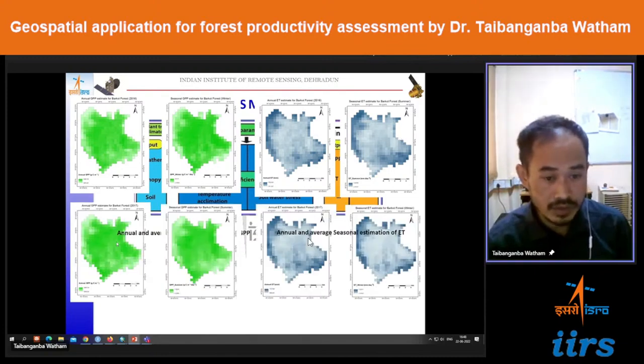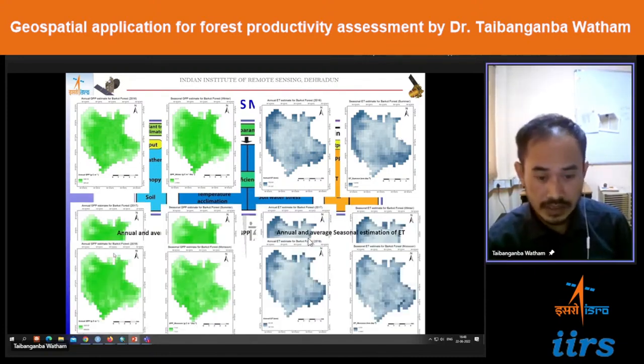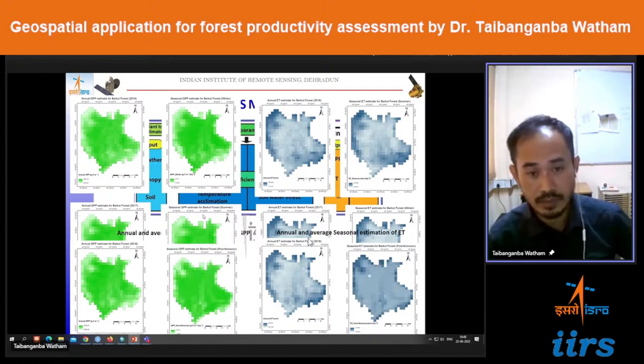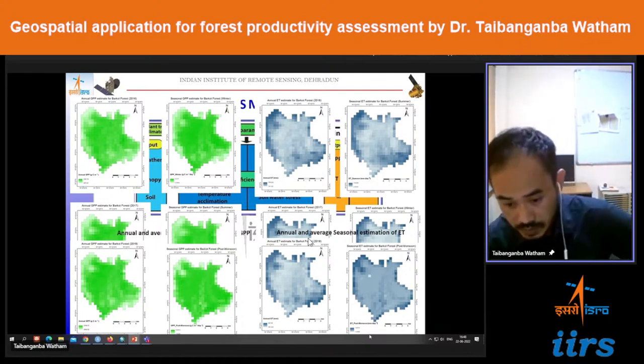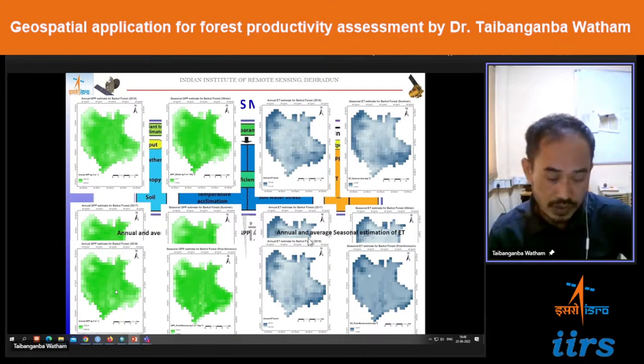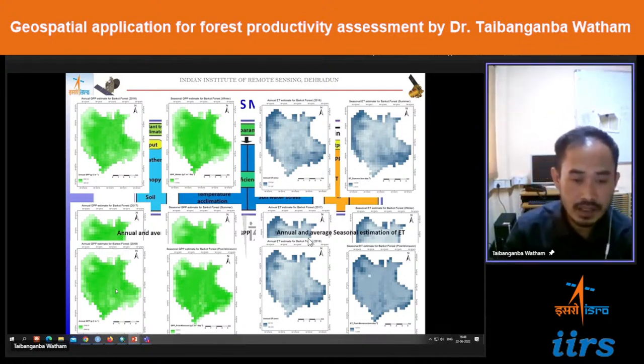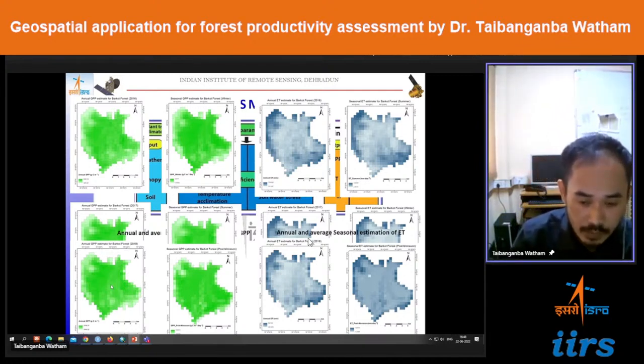Then for 2017, you can see how it changes. Then for 2018, we have this one. Then for seasonal, we have the monsoon, post-monsoon, summer, like how it changes. On the scale of evapotranspiration, you can see here, we can use this model for estimation of GPP as well as for evapotranspiration.